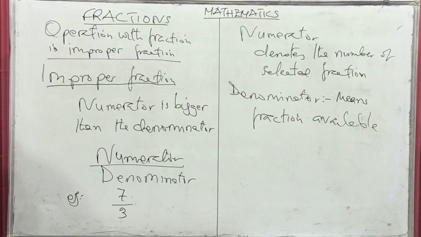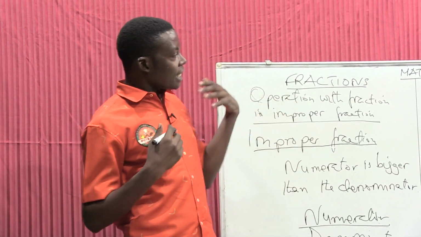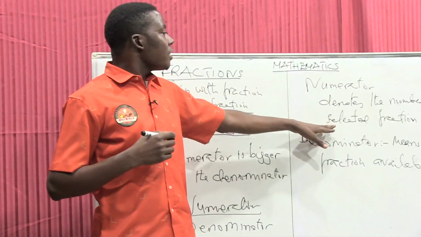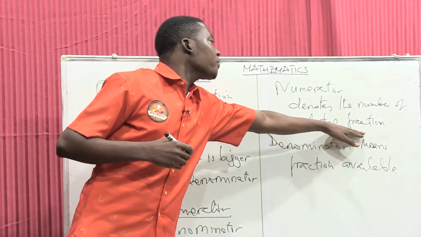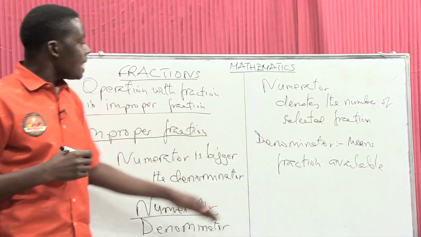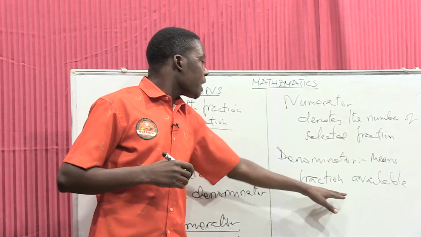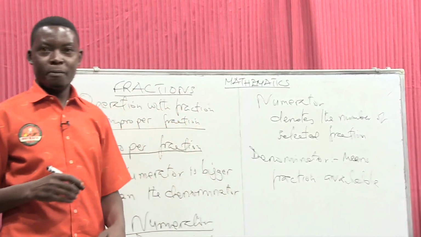So it does not make sense that the numerator, which shows the number of fractions selected, is bigger than the denominator showing the number of fractions available.